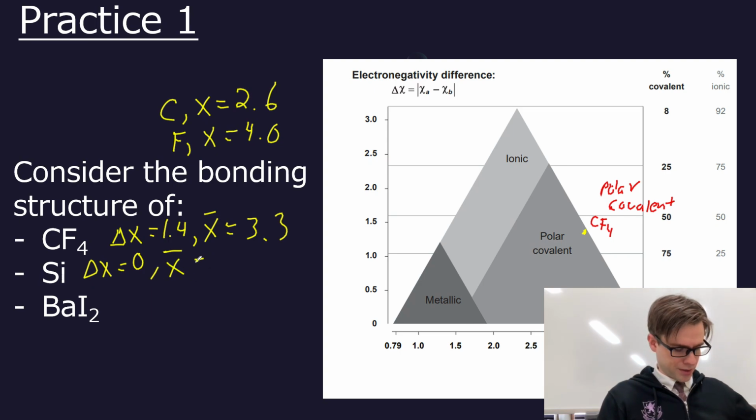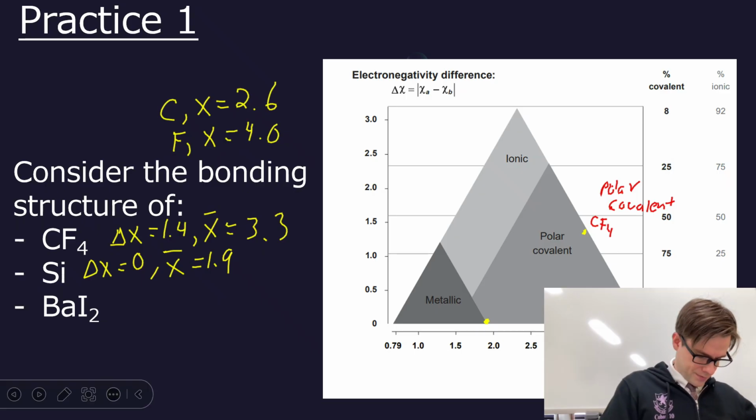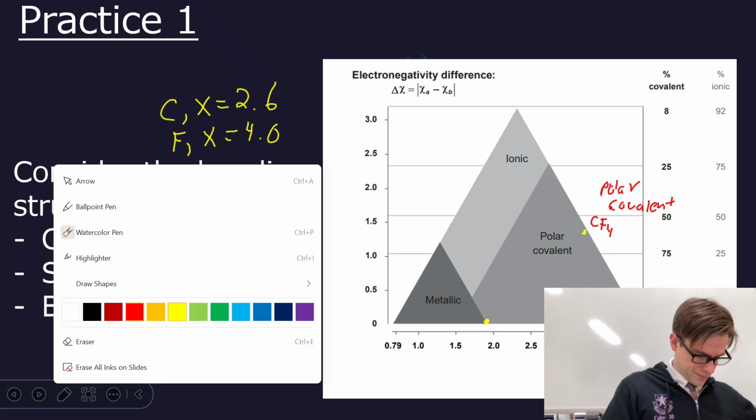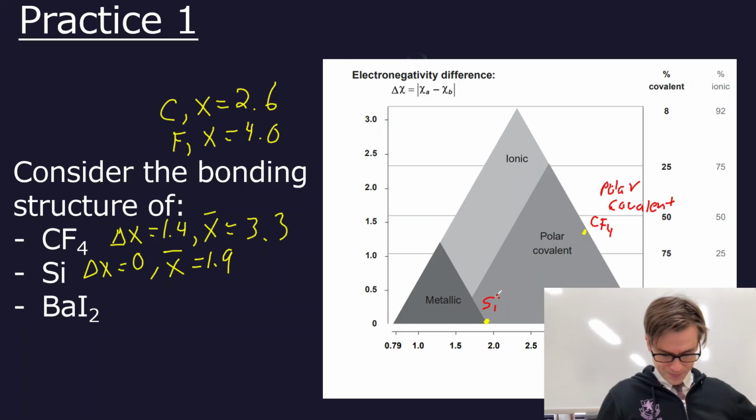It's 1.9. So we go to our triangle. Delta x is 0, so we're going to be along the bottom edge of this triangle. 1.9 is right around here. Pure silicon, Si.